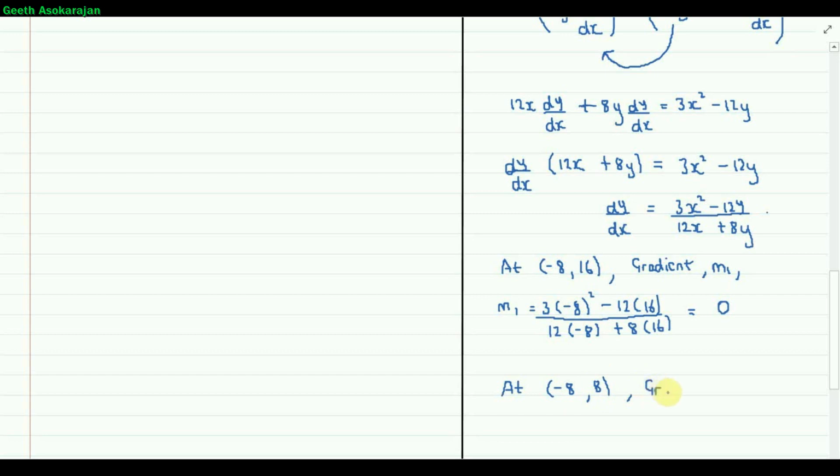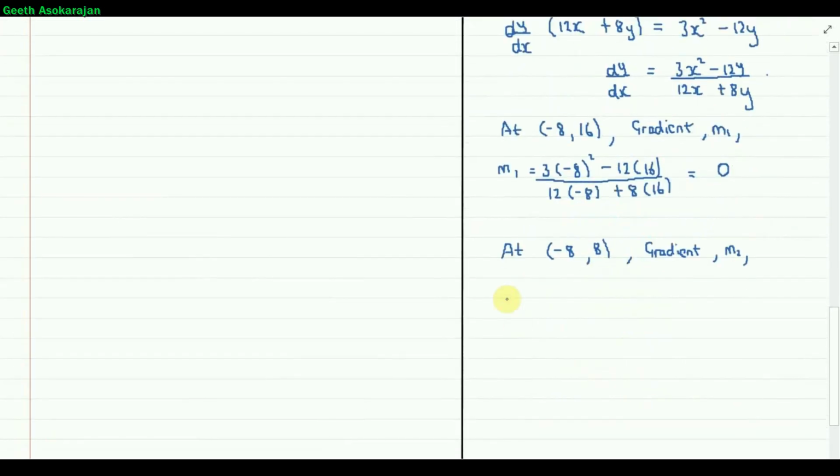So gradient, and let's call that m2, meaning the second gradient.